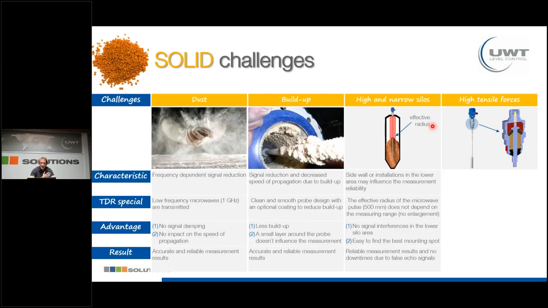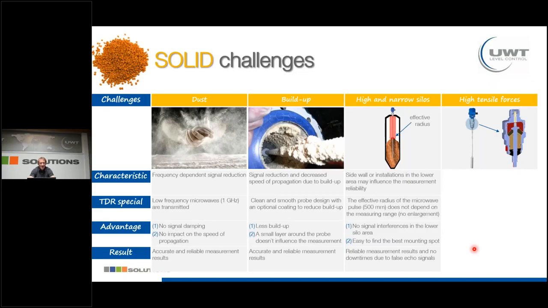So in lower areas, when we have installations here, we do not have any risk of fault echoes due to these installations, and we never hit the side wall of the silo because we always have this 500 millimeter effective radius. So the signal is always good and not influenced by any false signals due to installations.